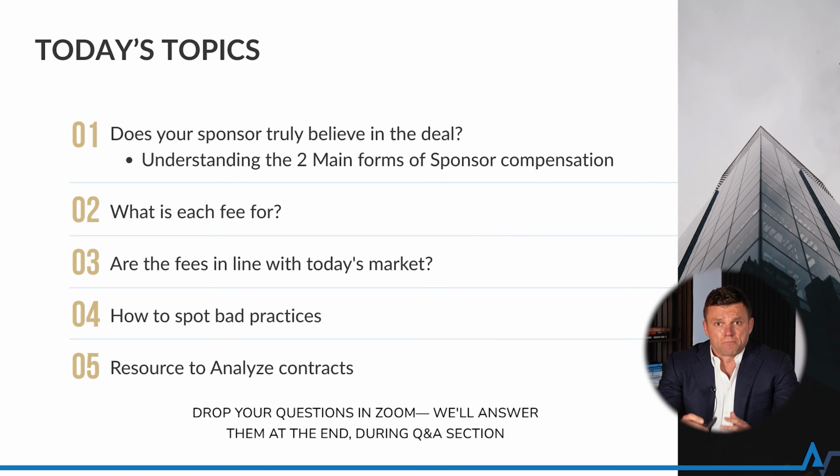So today's topics, as I mentioned, seeing how aligned you are with your sponsor. We're going to discuss what each fee is for. We're also going to be talking about the two big forms of compensation that passive investors really need to understand the difference between. The first one is the upfront fees.